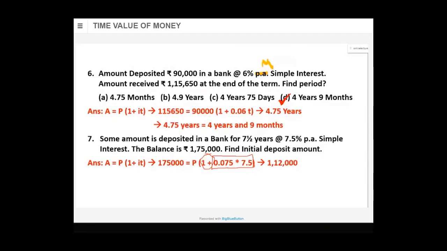So first, that multiplication, even I'm doing it, I've taken calculator in my hand. 0.075 into 7.5. Let's press equal to sign to get the answer.